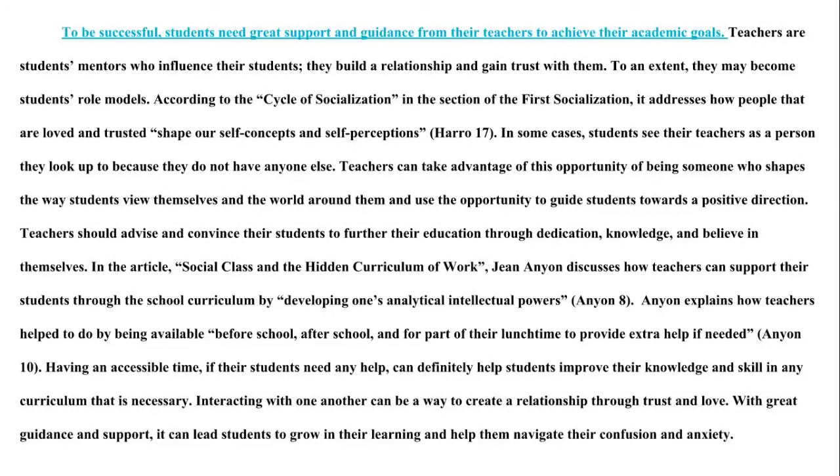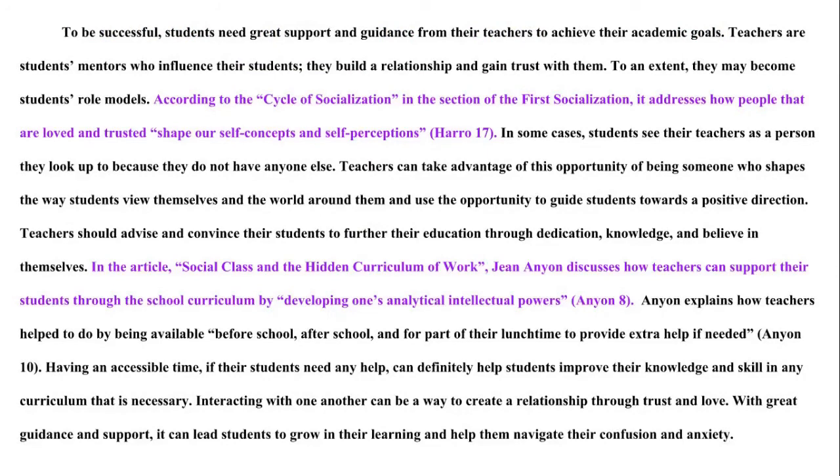In this paragraph, the student's assertion is, to be successful, students need great support and guidance from their teachers to achieve their academic goals. This sentence is showing that in the paragraph, the writer will be proving the point that in order to be successful, students need support and guidance from their teachers.